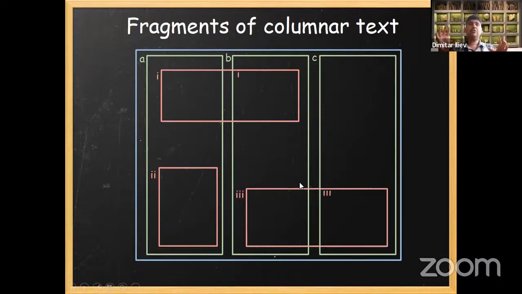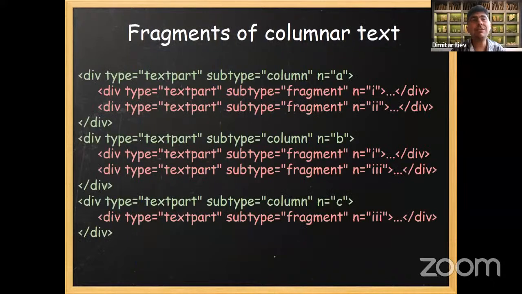And then you can double with the visualization in such a way as to connect properly the part of fragment 1 which is in column A with the part of fragment 1 which is in column B, and respectively the part of fragment 3 which is in column B and the one which is contained in column C. But this is a job of the visualization scenario.